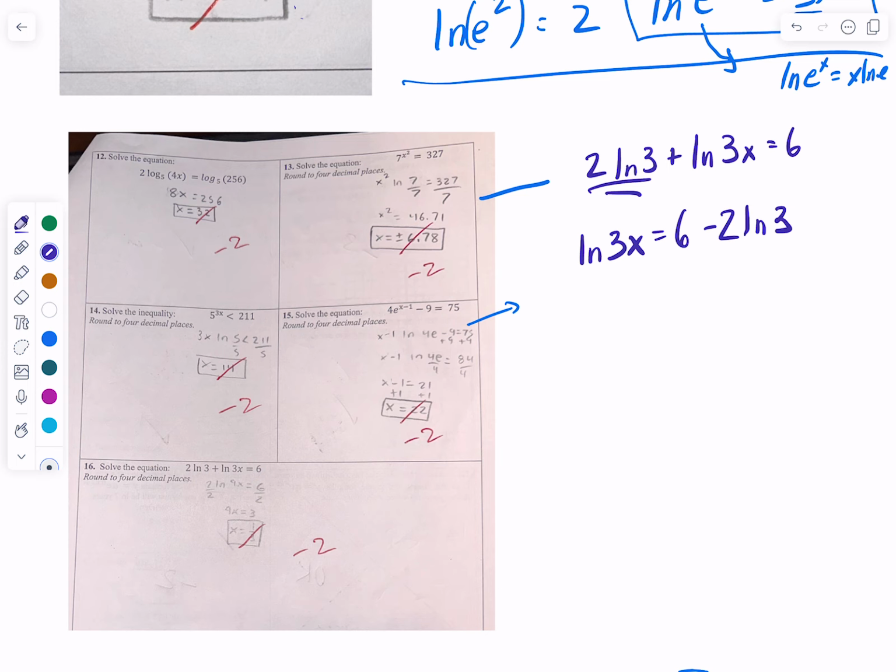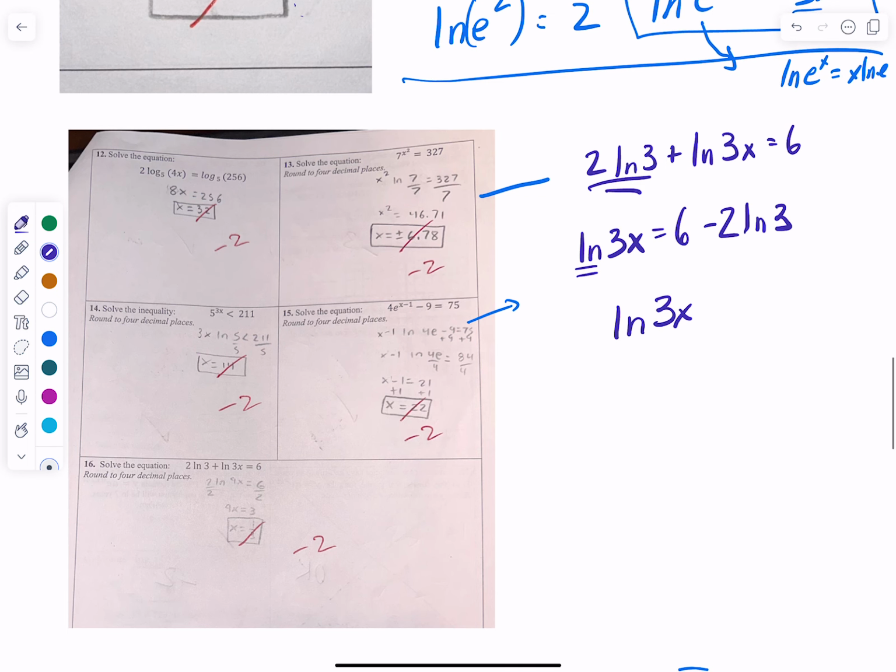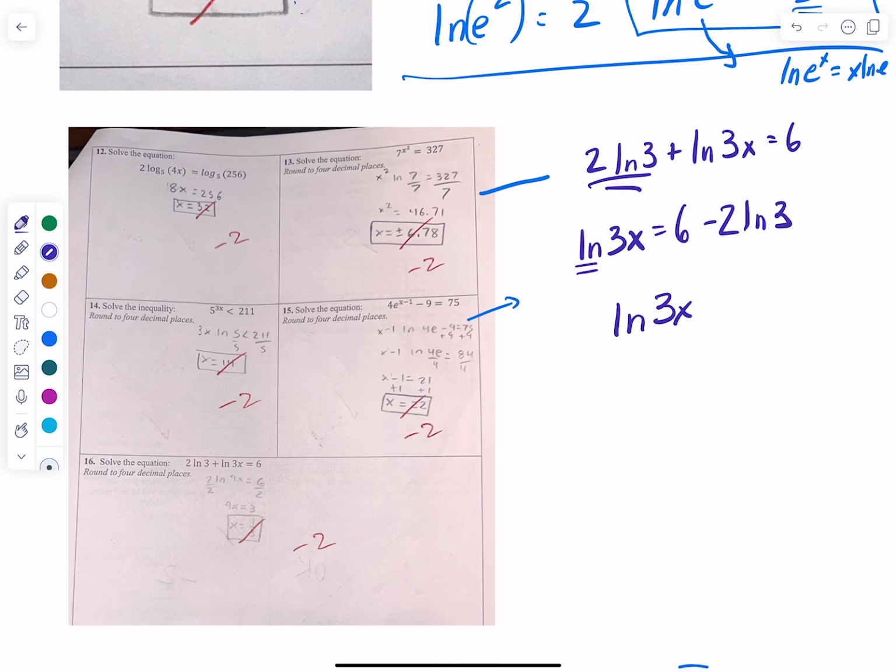Okay, we want to get rid of this thing. So the way that you get rid of this is we're going to go in the other direction. So the natural log of 3x, if I go e to the natural log of 3x, that's equal to 3x.